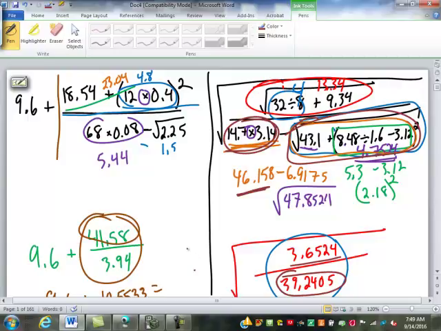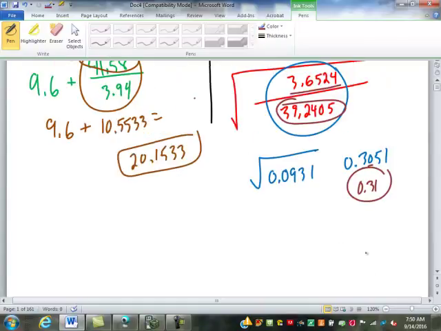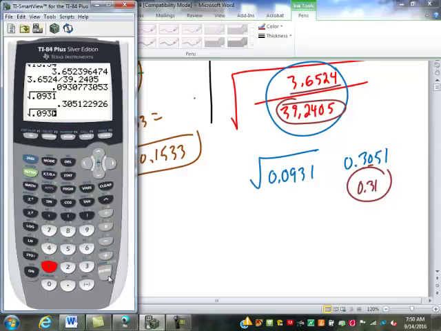Yeah, and the square root is 6.9175. Subtracted wrong? Okay. Yeah, it'd be 0.0931 to square root that. You don't necessarily have to put the 0 in front of the decimal point, but yes, just square root 0.0931.